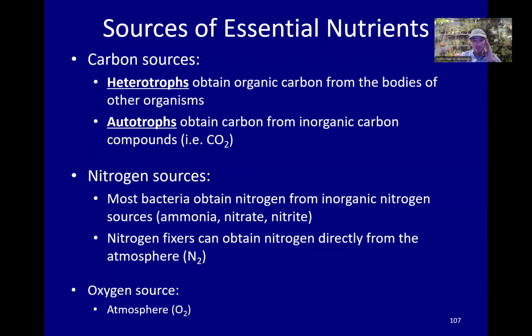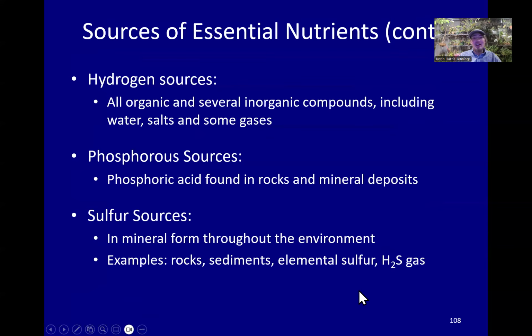Anyway, now that I'm done justifying my example, we can also talk about how you get your sources of oxygen, and that source of oxygen usually comes from the atmosphere. Then you have the micronutrients like phosphorus and sulfur, which come from different minerals.